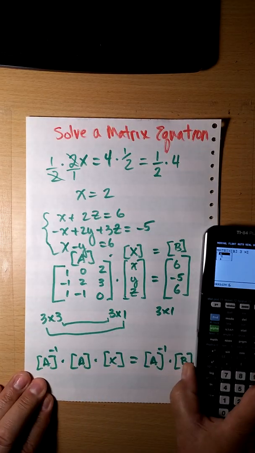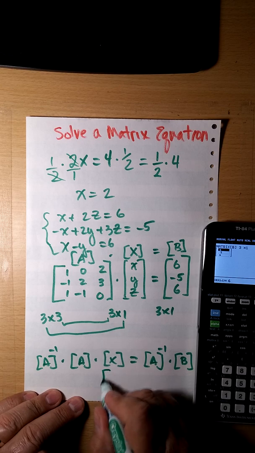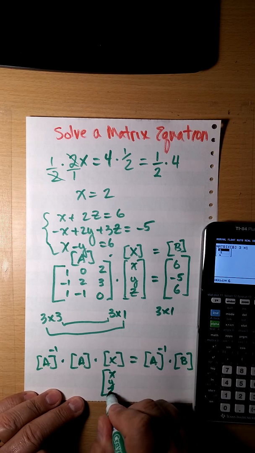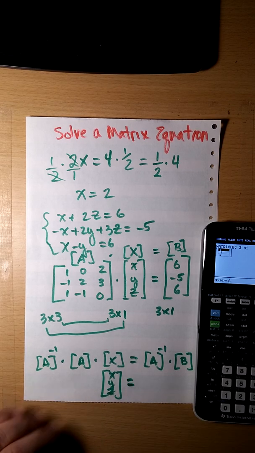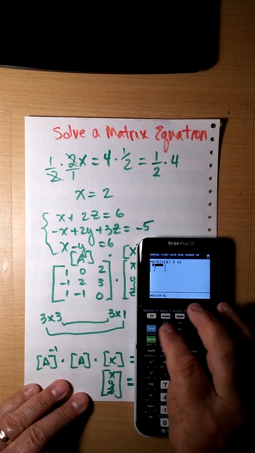So now we've got those two. Our final answer will be the X, Y, Z equals, because we're going to take the inverse of A. Let's get out to see.